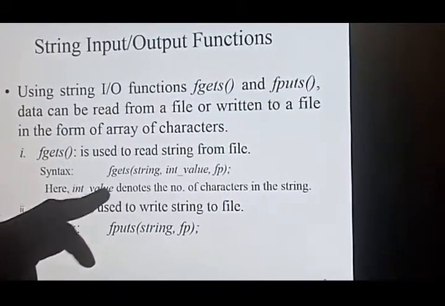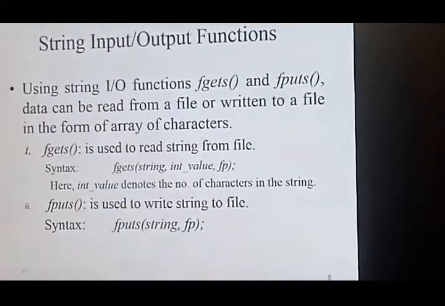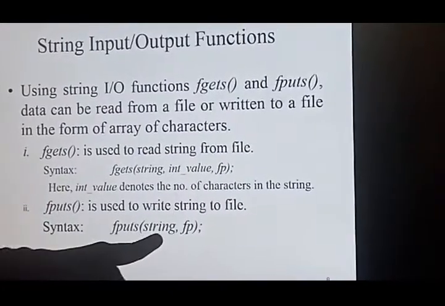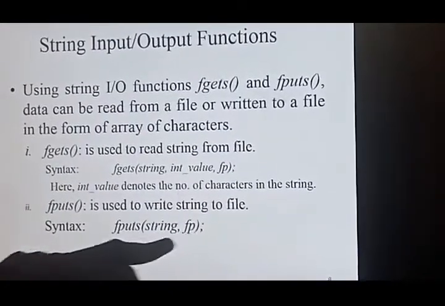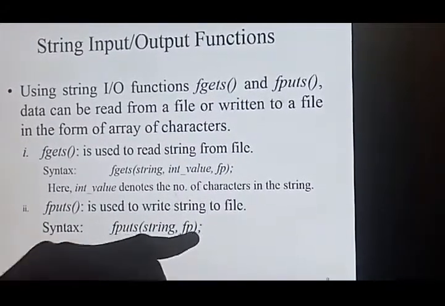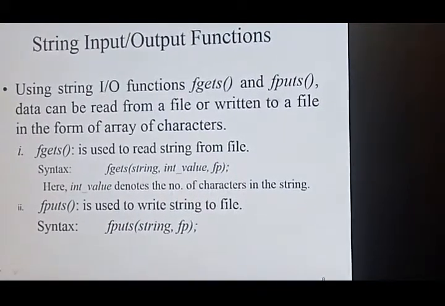After that if you use printf and print that string, the value that is read from the file will be displayed on the console, on the monitor. And similarly, the string you are going to write into the file can be mentioned here, and whatever string is mentioned, that will be written to the file where the FP is pointing.